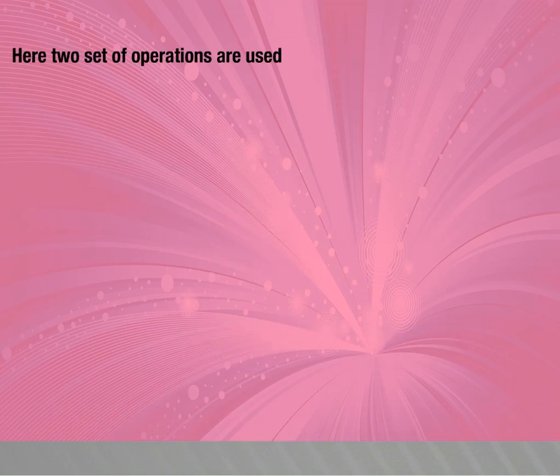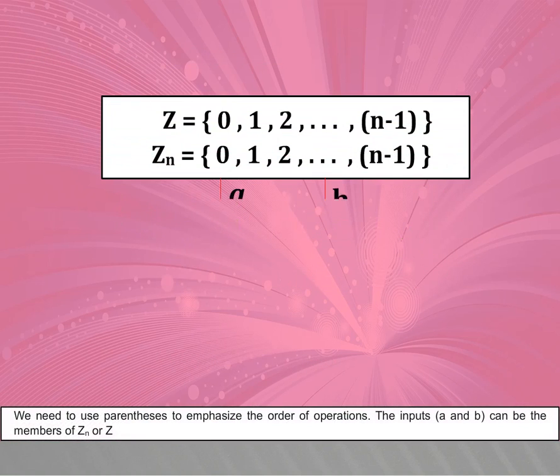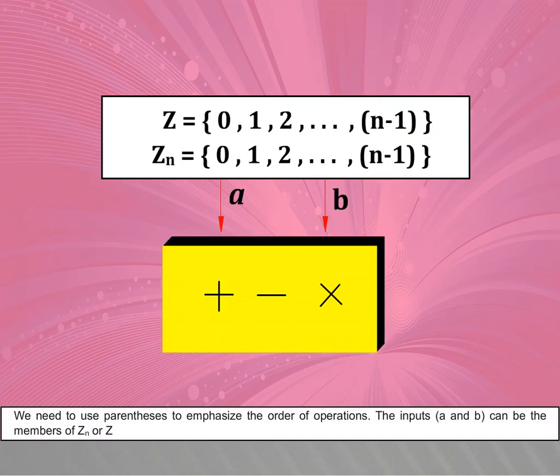Here, two sets of operations are used. The first is one of the binary operators: addition, subtraction, multiplication. The second is the mod operator. We need to use parentheses to emphasize the order of operations. The inputs a and b can be members of Zn or Z.